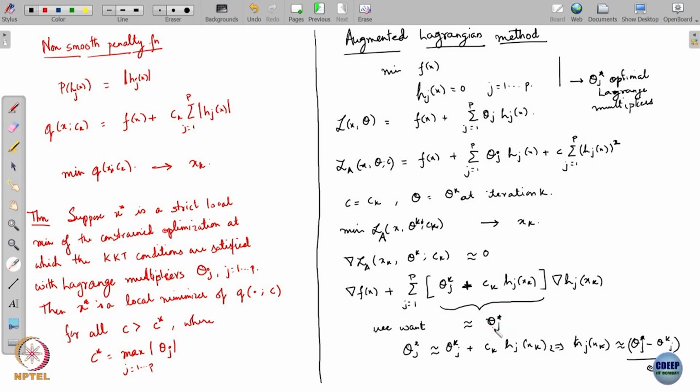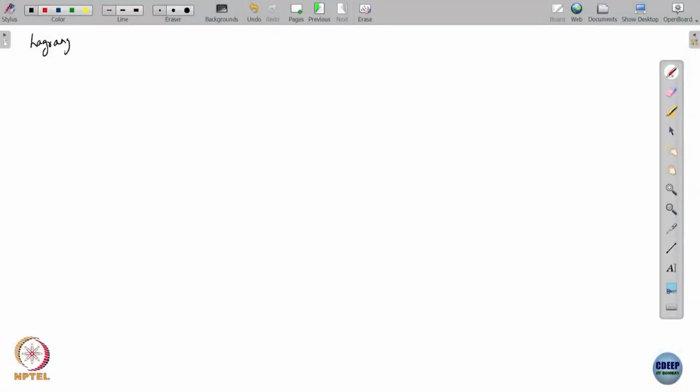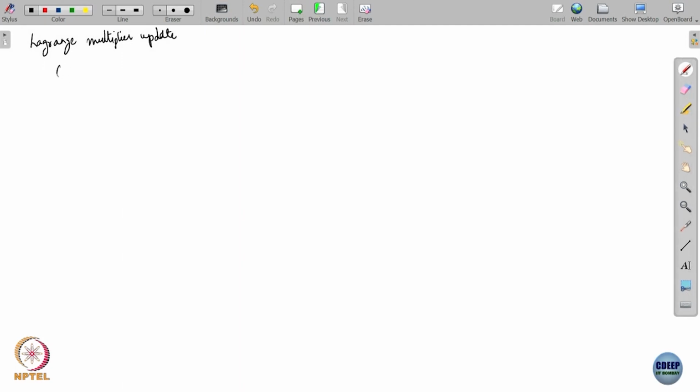So, thinking from this, the Lagrange multiplier update is simply this: theta k plus 1 j equals theta k j plus C k times h j of x k, for all j going from 1 to p. Right. So, this is basically the idea.